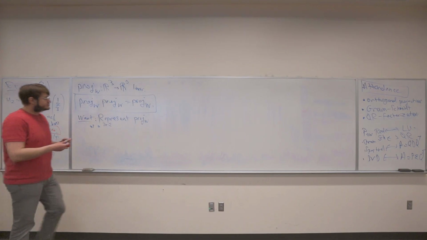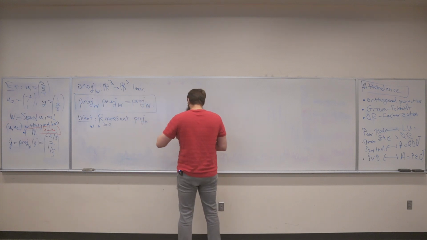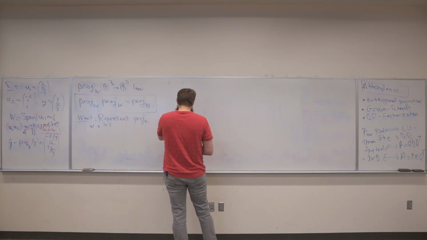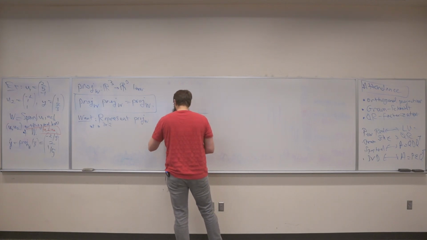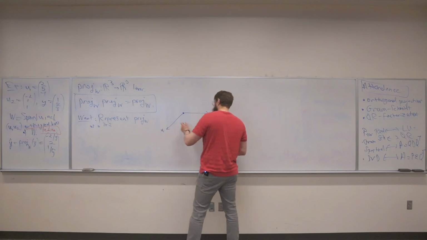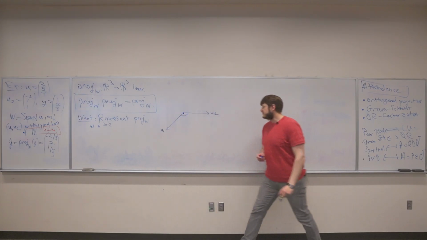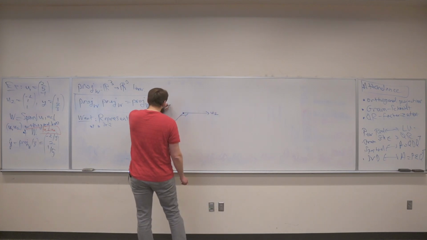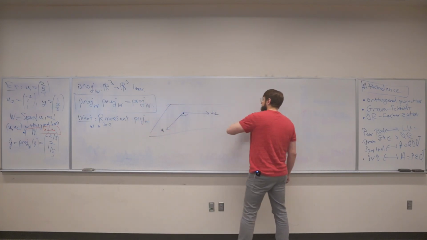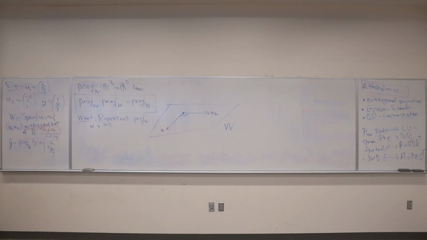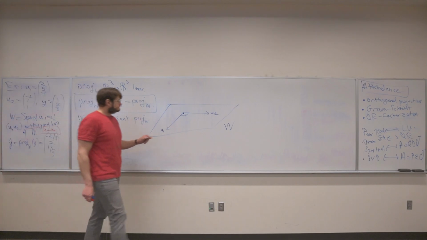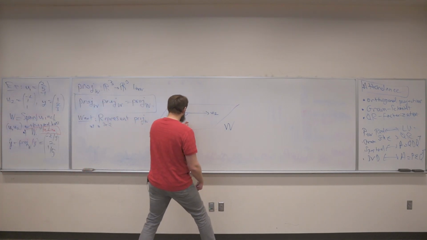So I'll try to draw, just so that we remember, something like this. This is 90 degrees. Their span is this W subspace. It's a plane. Y, 1, 2, 3, is some vector that sticks out. In principle, you don't need to start with a vector that sticks out. In this case, it just happens to be that way.